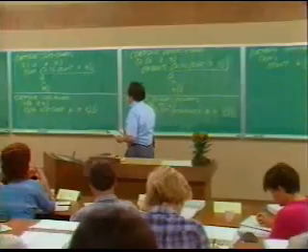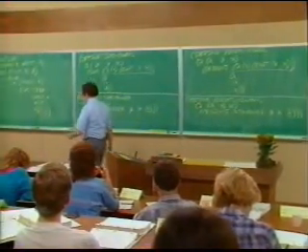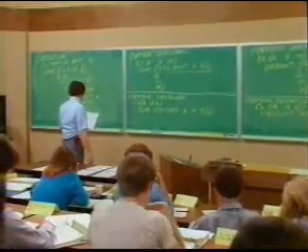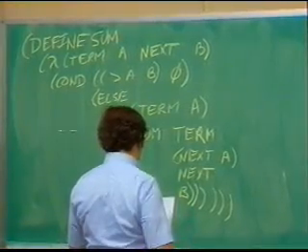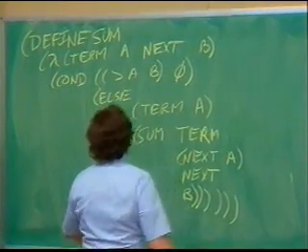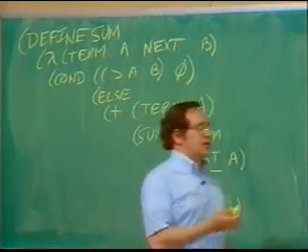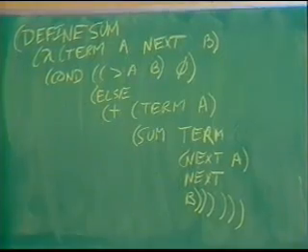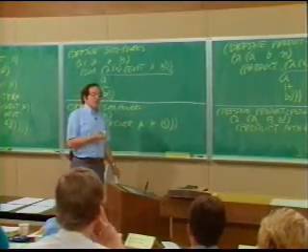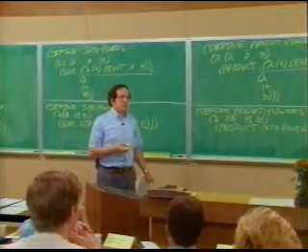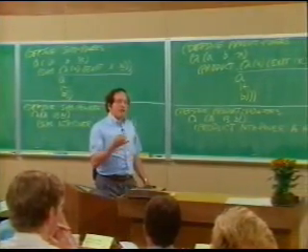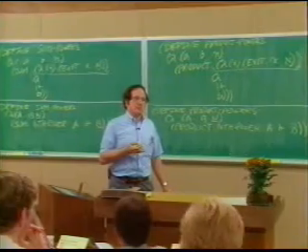Consider, for example, what happens over here. Suppose I decided to change the word next. I mean, I'm supposing somebody is writing sum, and somebody else is going to use sum. The writer of sum has a choice of what names he may use.